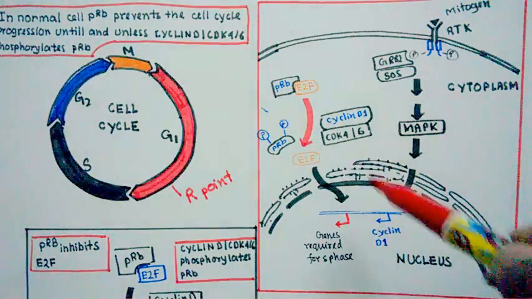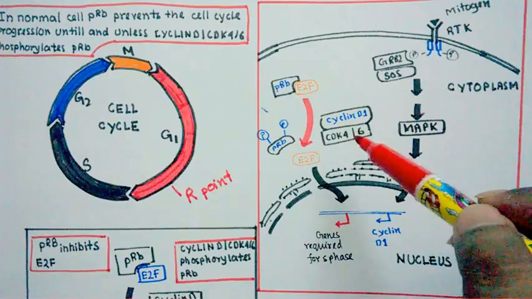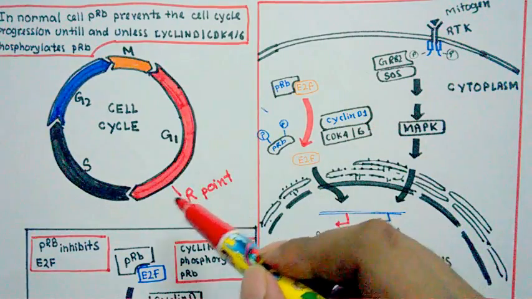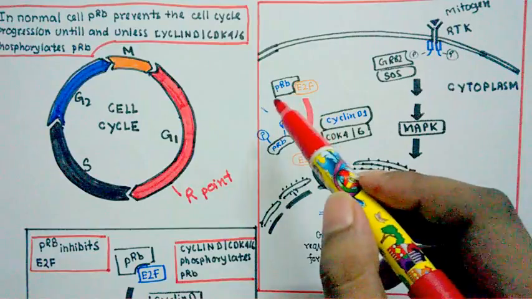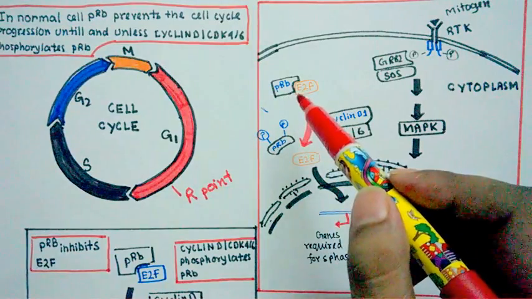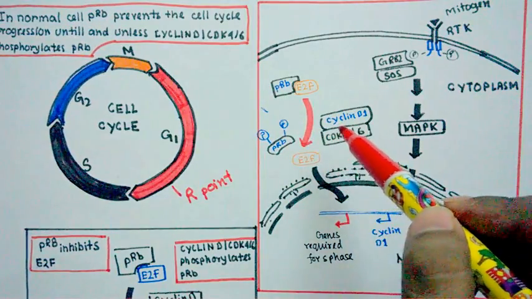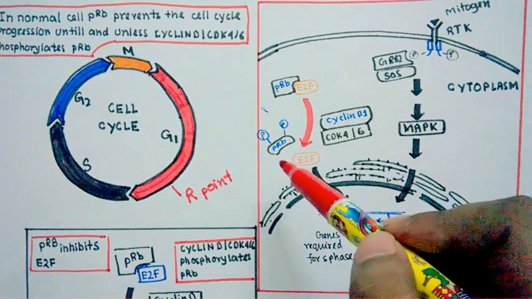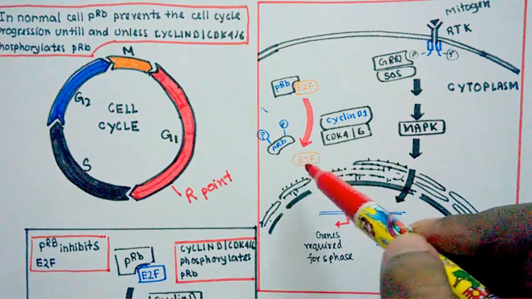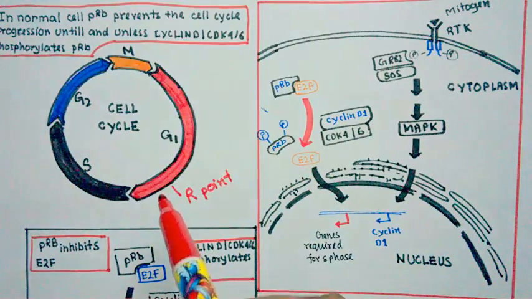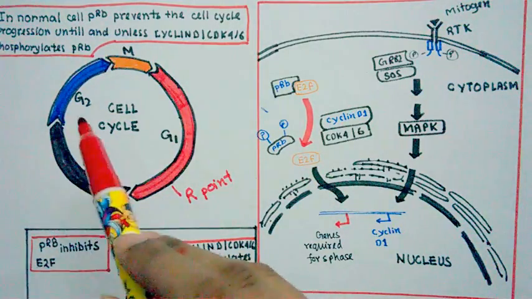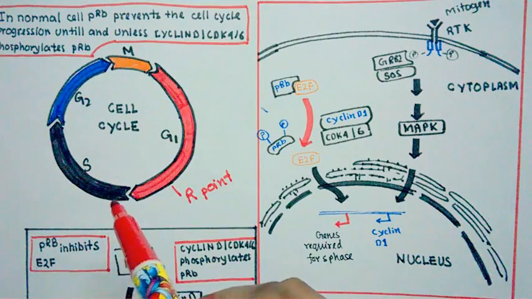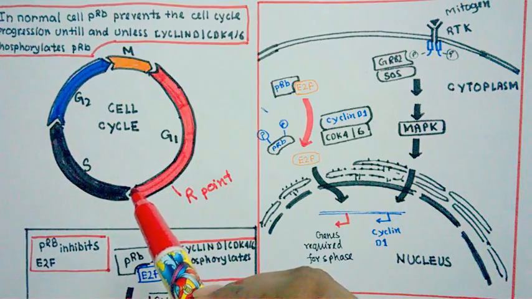So when cyclin D is produced, the CDK4 and cyclin D complex is activated, and beyond the R point, pRB is inhibited when the cyclin D1 and CDK4 complex phosphorylates pRB, and E2F can perform its function. Now the cell cycle can go from late G1 to S and then G2 to M, so cell cycle progression can happen. So in this respect, pRB is important.